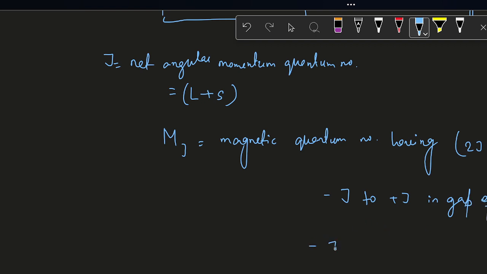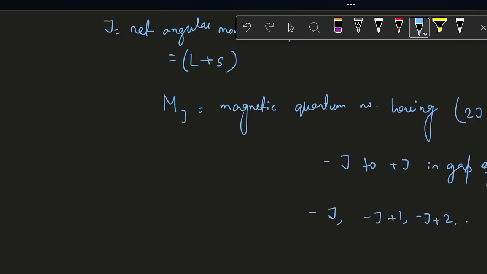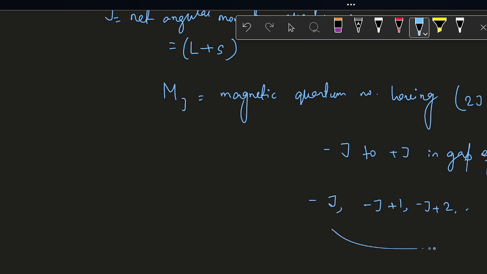Like mj can start with minus j, then minus j plus 1, then minus j plus 2, and similar to this you can have j minus 2, j minus 1 up to j. So this is a total of all possible values of mj, and all these values have a total of 2j plus 1 count.